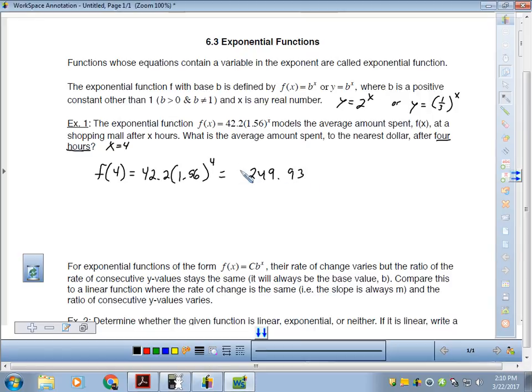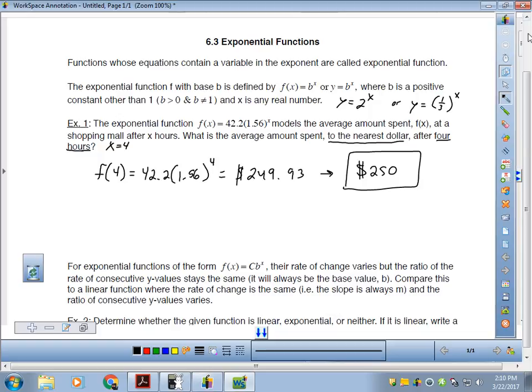Now here's the thing though, that would be my exact answer, but they asked us to go to the nearest dollar, so that really goes to $250. So it's pretty easy to do exponential functions in your calculator. Just remember that you need to use a caret when you do your power.